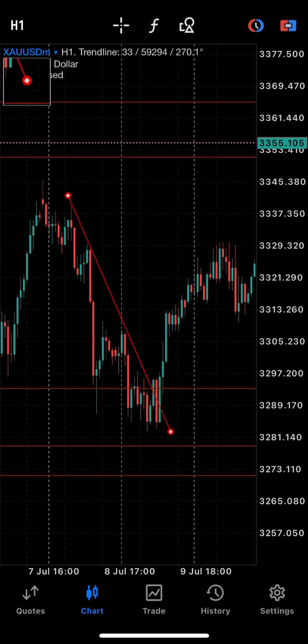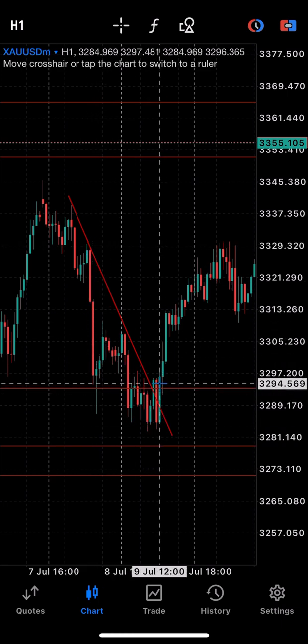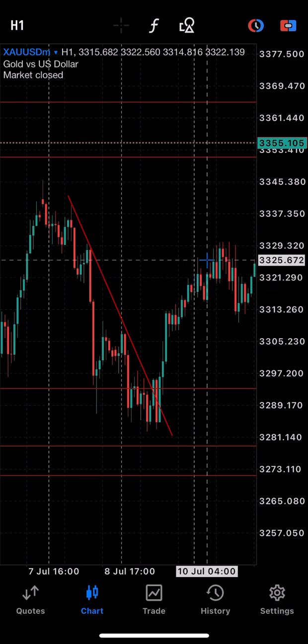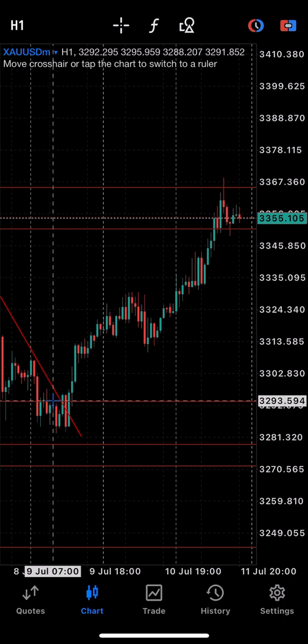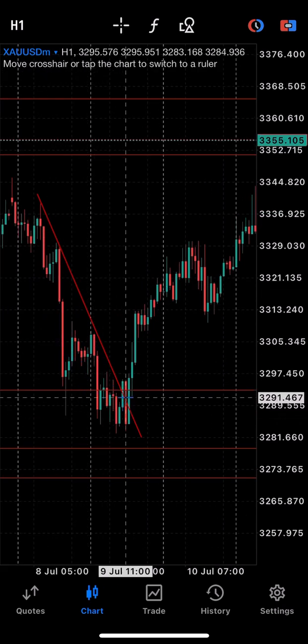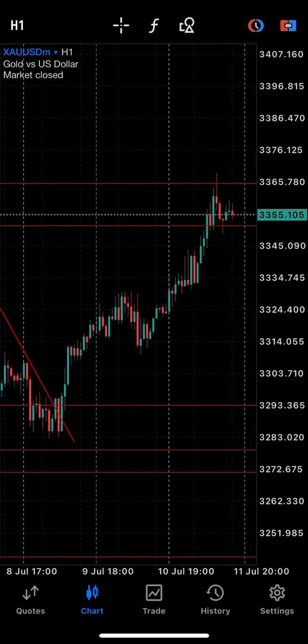The market formed a bearish trend line here, and then it broke it at this zone and started going up. From here, after it broke this minor bearish trend line at this demand zone, the market began to form a bullish trend here.